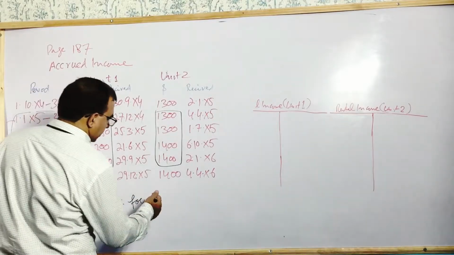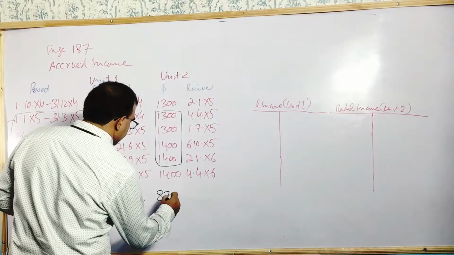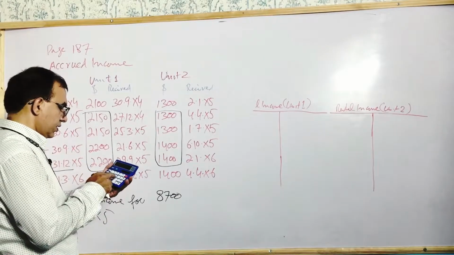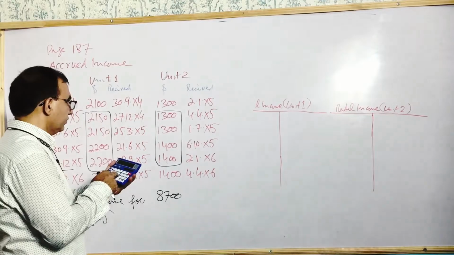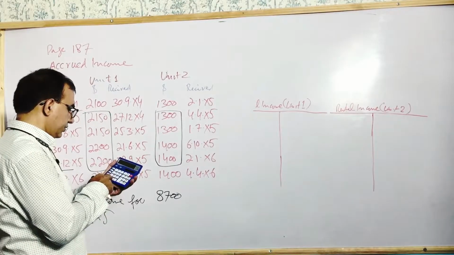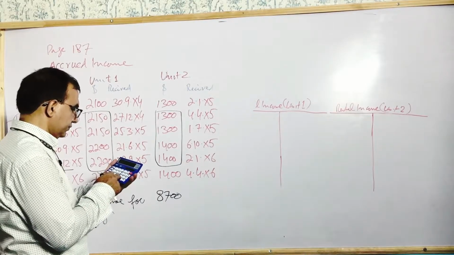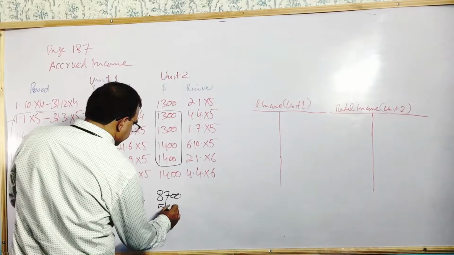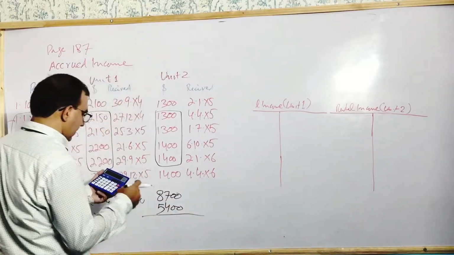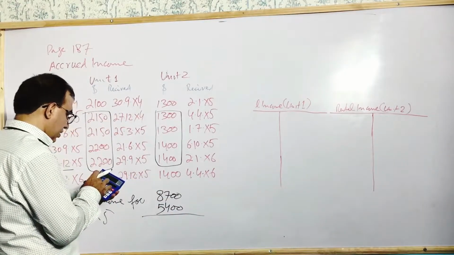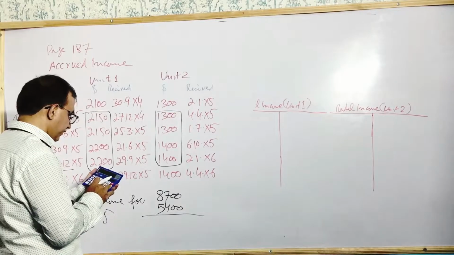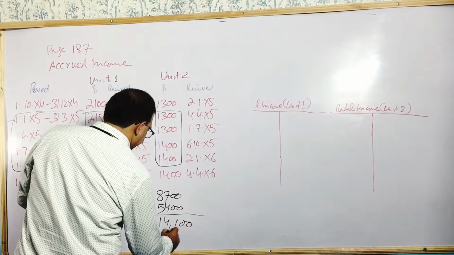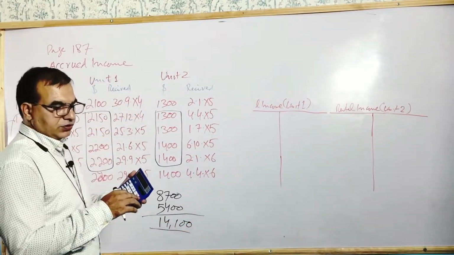For unit 1, income for the year is 8700, but for unit 2, it's 1300 plus 1300 plus 1400 plus 1400, so that's 5400 in total. If we add them up, 8700 plus 5400, 14,100. That's the income for the year.